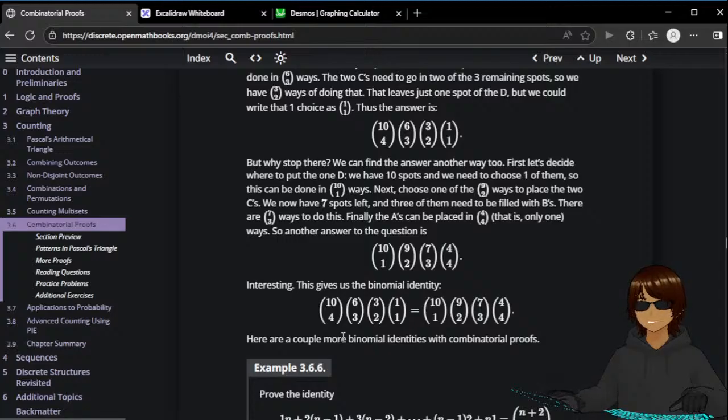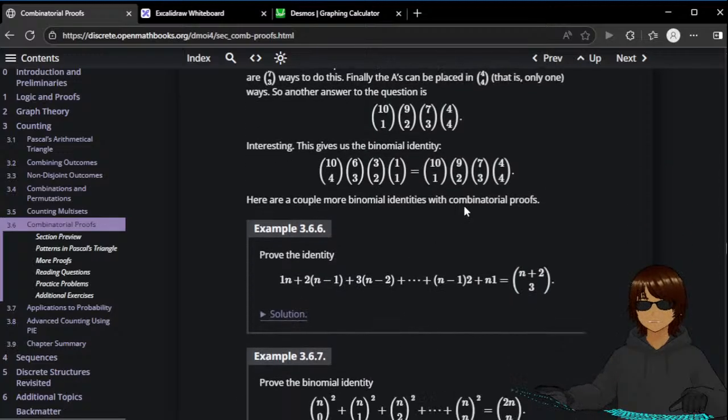Here are a couple more binomial identities with combinatorial proofs. Prove the identity 1·n + 2·(n-1) + 3·(n-2) + ... is equal to this.